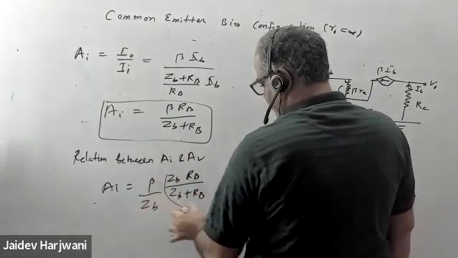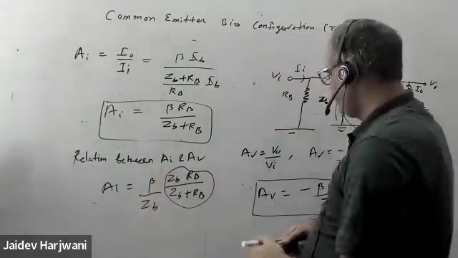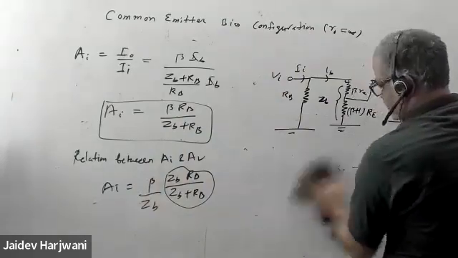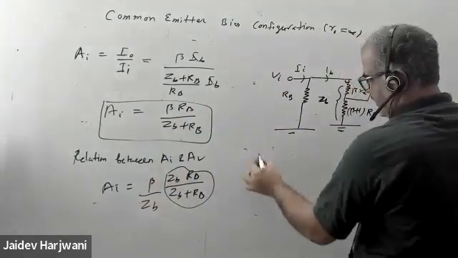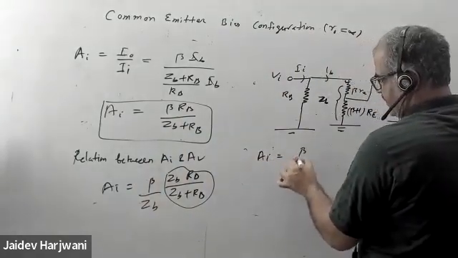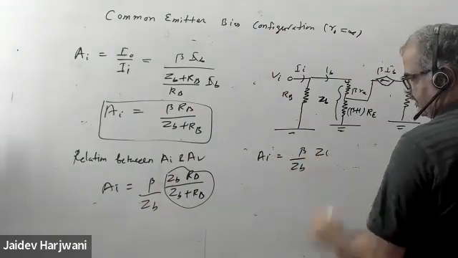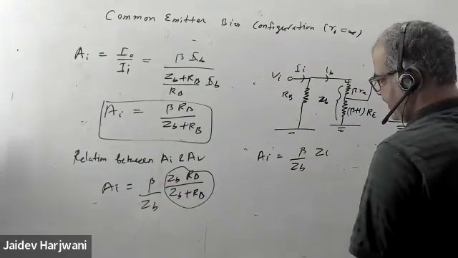Now this becomes my input resistance ZI. So this becomes my AI, beta RB ZI upon ZB, isn't it? This is my ZI.